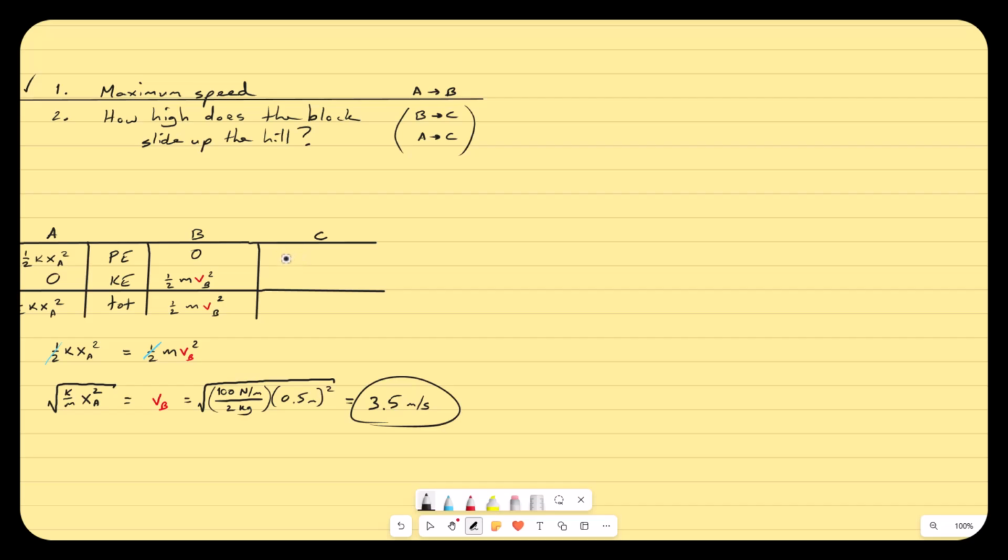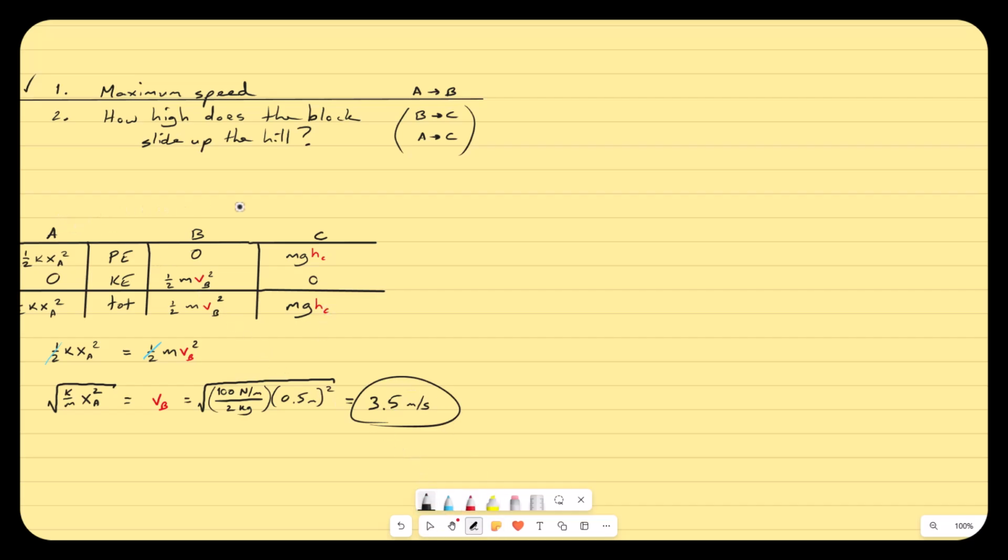So my potential energy at C is mg, and I am looking for my final height. My kinetic energy at C is 0 because I'm coming to a stop. If I still have some kinetic energy, that means I am not at my maximum height yet, or I could be on my way down already. So I'm going to get mg hC.